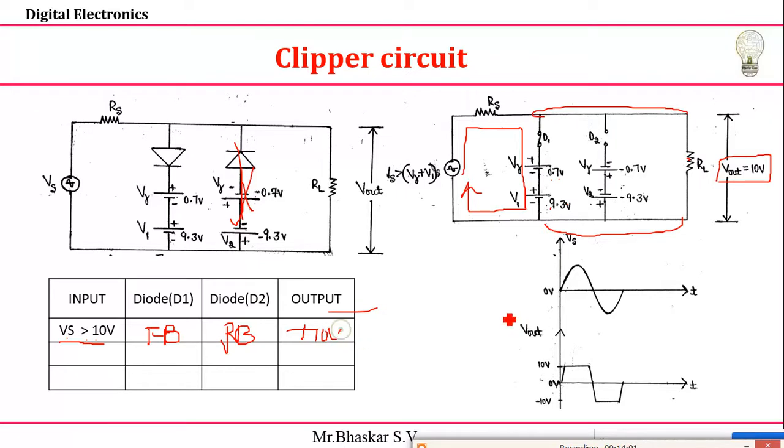That is what I'm getting in my input waveform. This is a 20 volts peak to peak signal, and here I take this value as 10 volts. So where the input source voltage is greater than 10 volts, my output will be clipped and I maintain the same voltage, only 10 volts.